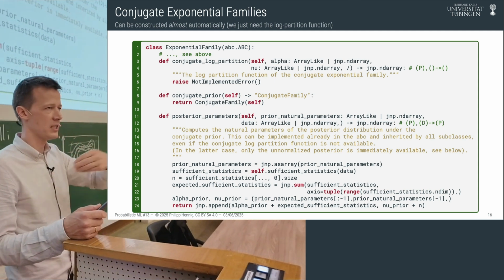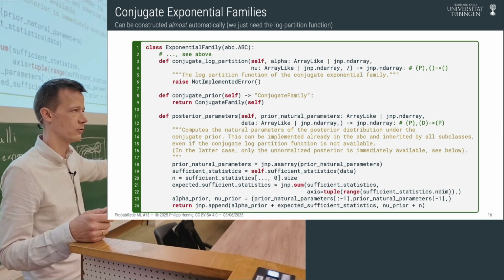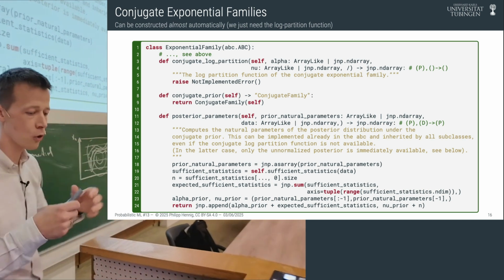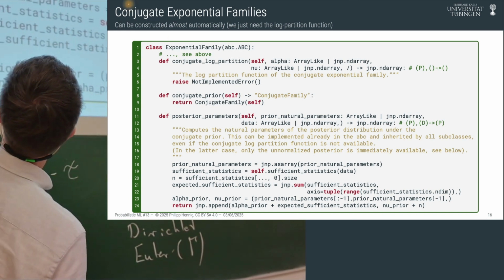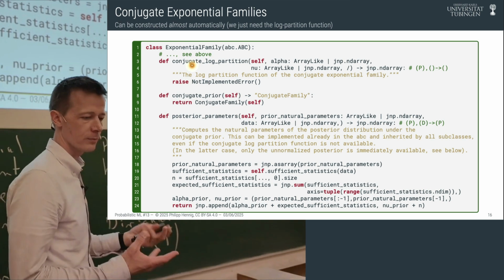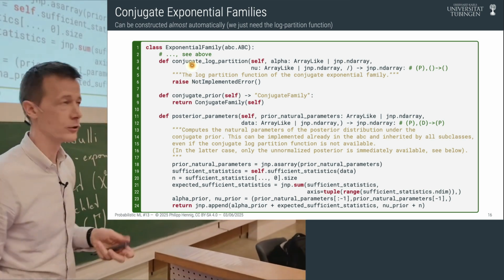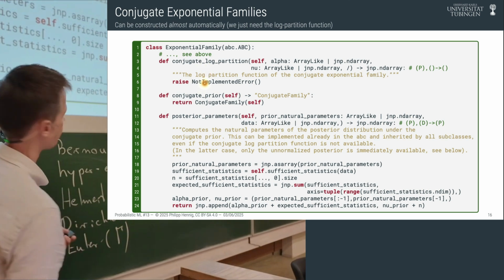So you have g and phi, and if you would know f, then you would have your conjugate prior. So in code, this means that exponential families actually have a method called the conjugate log partition function f, which in general you don't know, so it's not implemented.